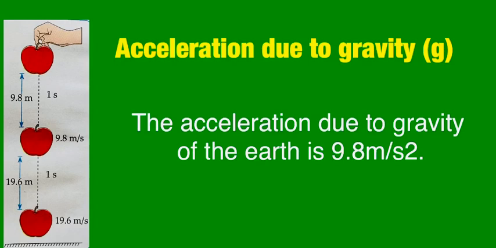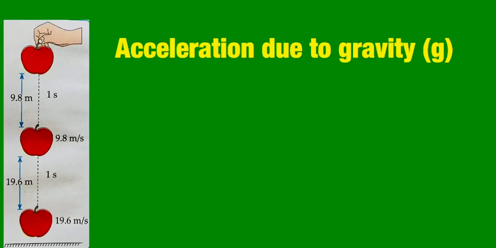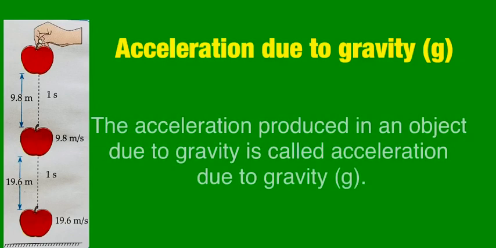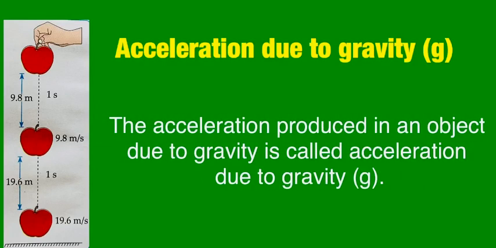And its definition becomes like this. Why does this apple fall down? It is because of gravity. So we can define acceleration due to gravity as the acceleration produced in an object due to gravity.